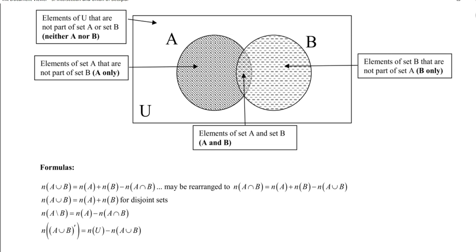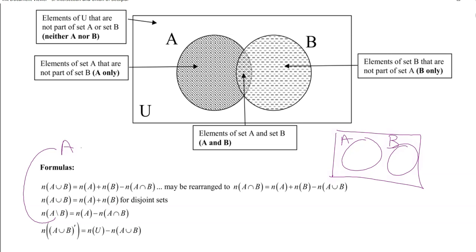If the sets are disjoint, meaning they have no common elements, then the number in A union B is just the number in A plus the number in B, because there's no overlap. You're not double counting anything. The number in A subtract B says get rid of B, so really it translates to only A, A getting rid of the B. You're only going to see that in the textbook.